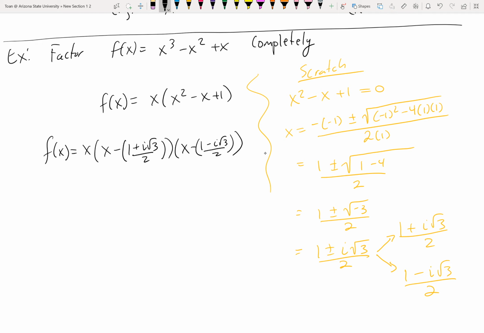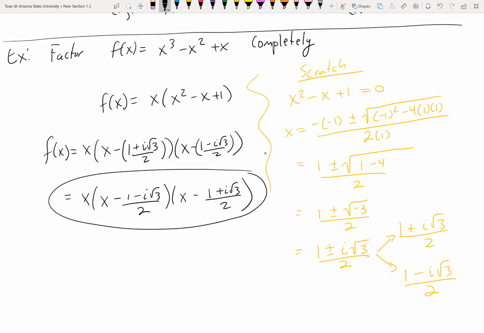You factored it. If you don't like the double parentheses, you could distribute the minus in. So that would be x times x minus 1 minus i radical 3 over 2 times x minus 1 plus i radical 3 over 2. I suppose that does look a little bit neater.